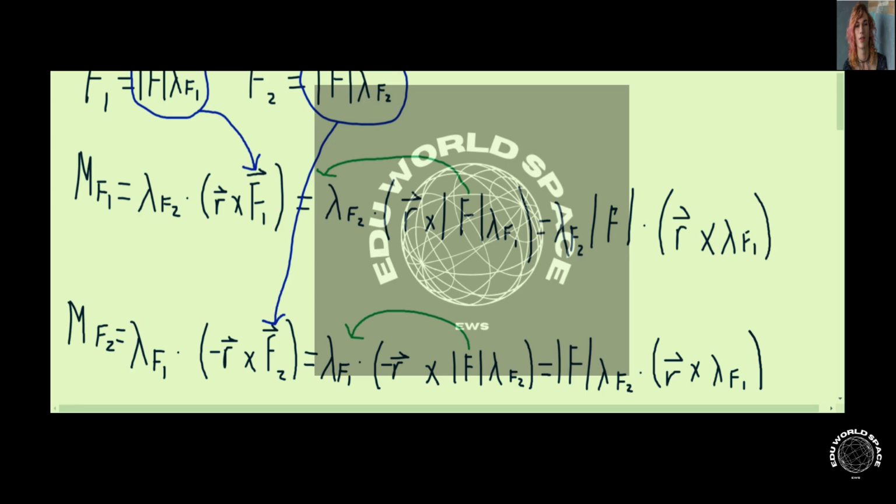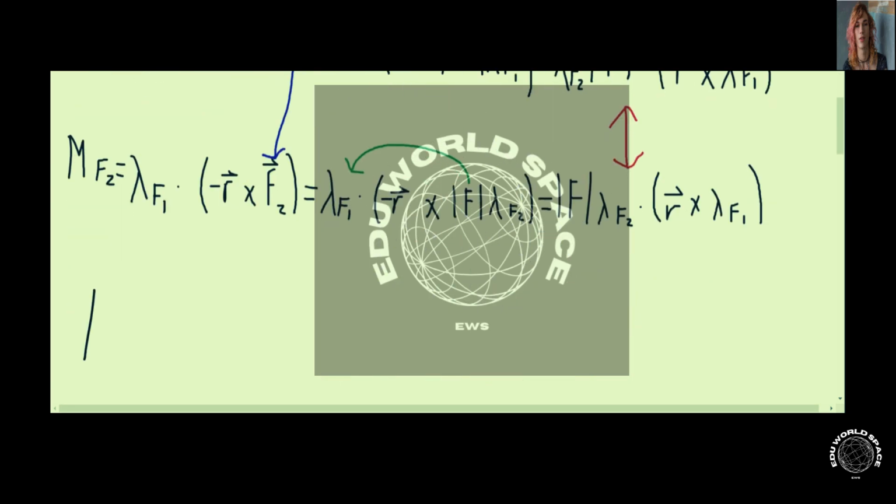And we can now see that these two terms are equal, with the top term being M of F1 and the bottom term being M of F2. So we can now conclude that the moment of F1 is equal to the moment of F2.